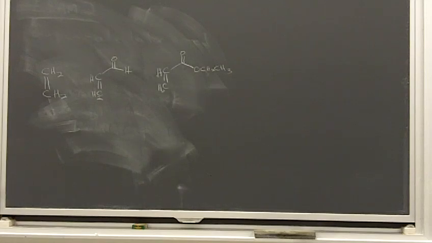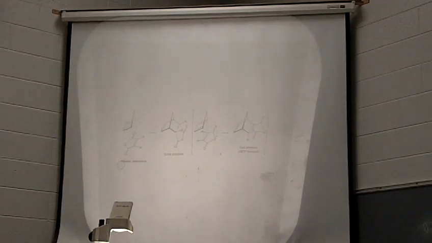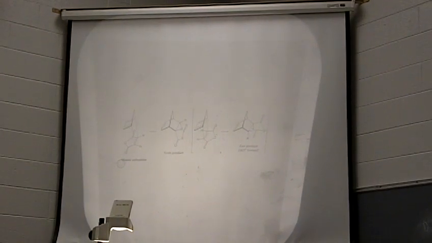Now, talk about this part here. With the Diels-Alder reaction, your stereochemistry is conserved. So that is really important as well, because you're not going to change your chiral centers with the stereochemistry.